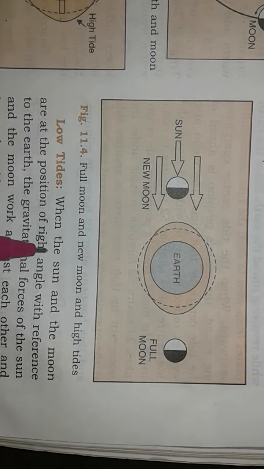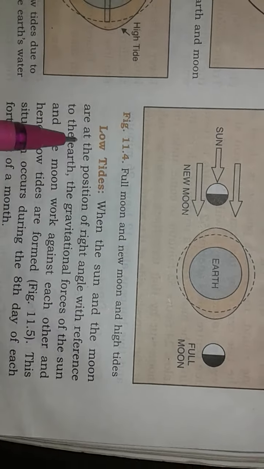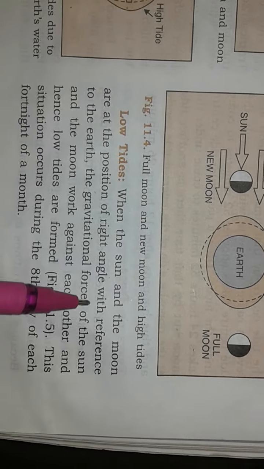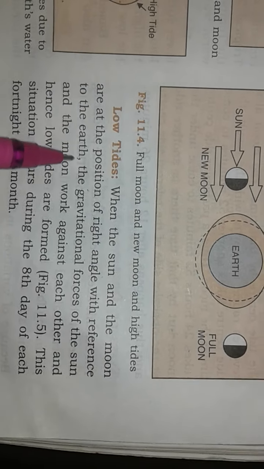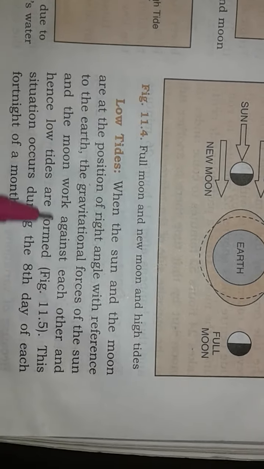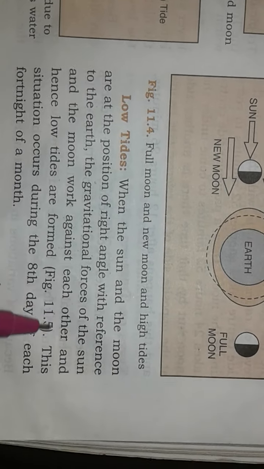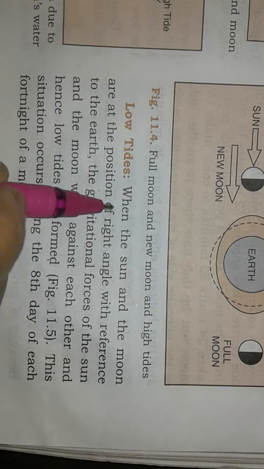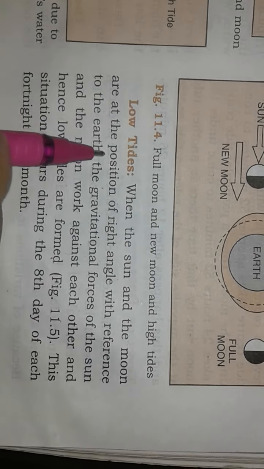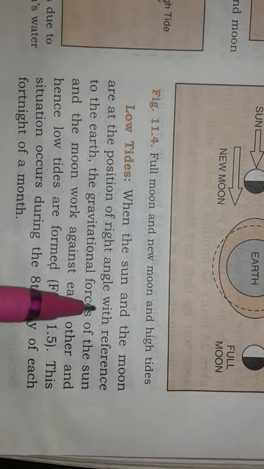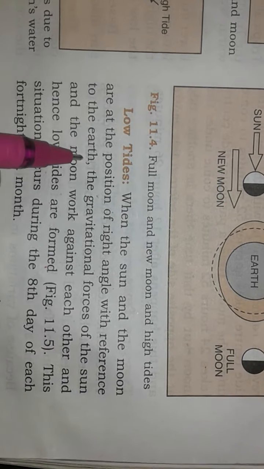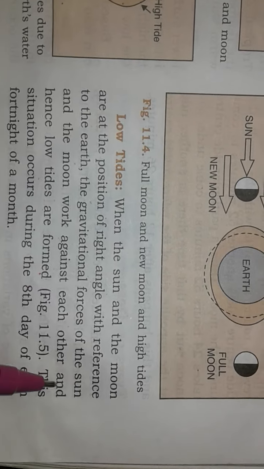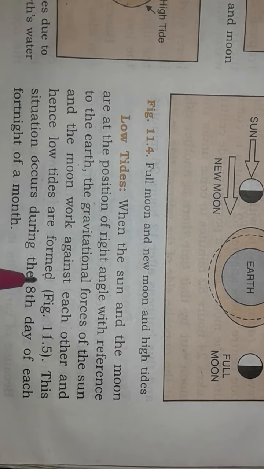Low tides. When the sun and the moon are at a right angle with reference to the earth, the gravitational forces of the sun and the moon work against each other, and hence low tides are formed. How are the low tides formed?